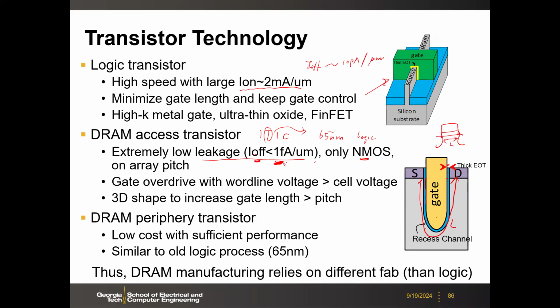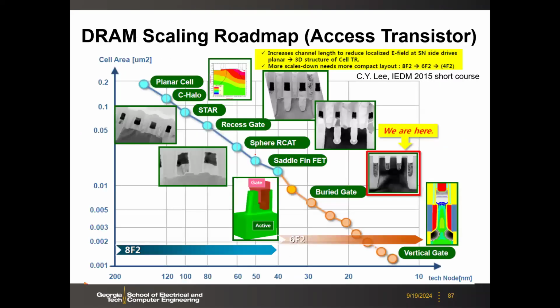Any question here? Okay, so then let's look at the innovations for the DRAM access transistor over the generations. So this recessed channel, recessed gate was introduced around the 19 nanometer technology node.